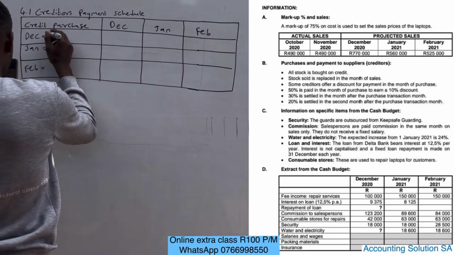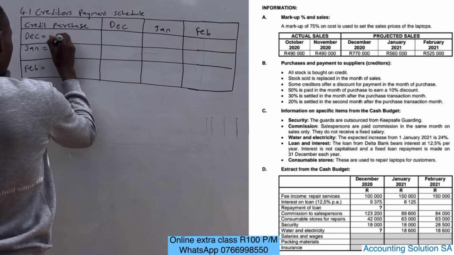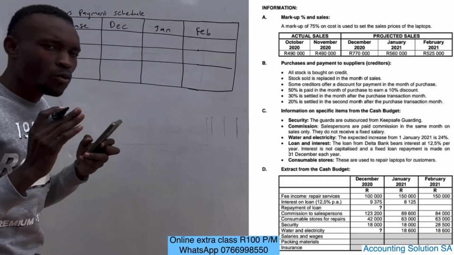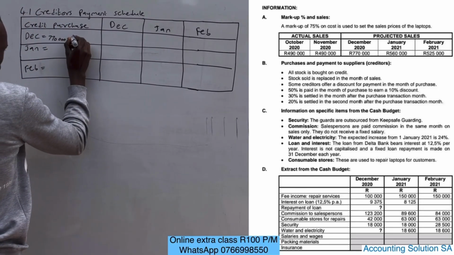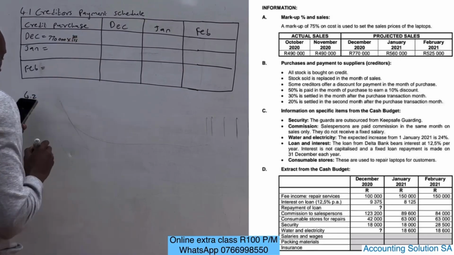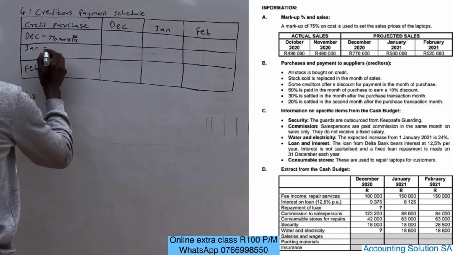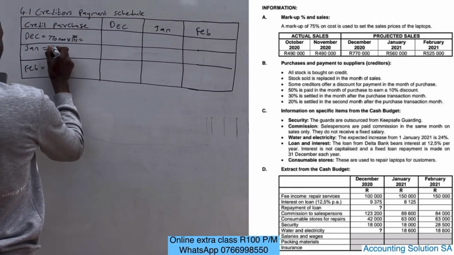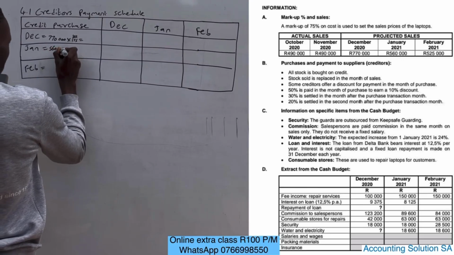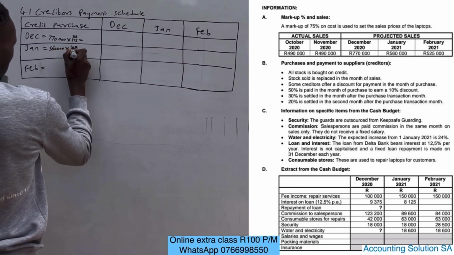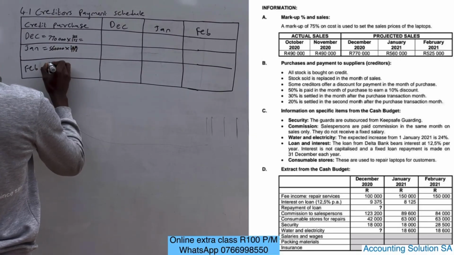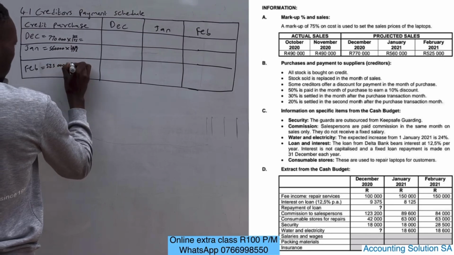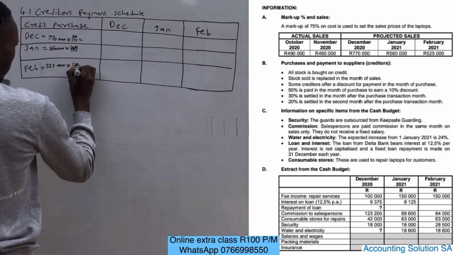For December, we're going to have 770,000 multiplied by 100 over 175. Because we are looking for cost of sales, 100 must be on top, and we divide by 175 because our markup is 75. January, we have 560 multiplied by 100 over 175, and February is 525,000 multiplied by 100 over 175.